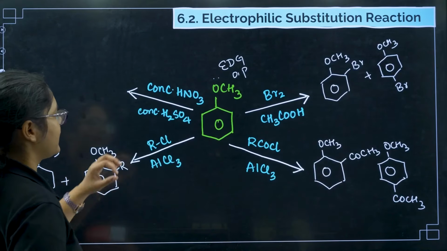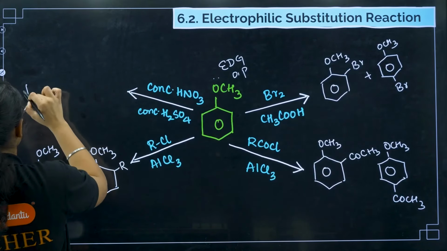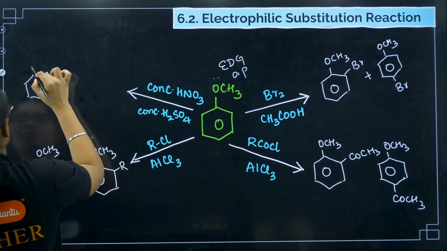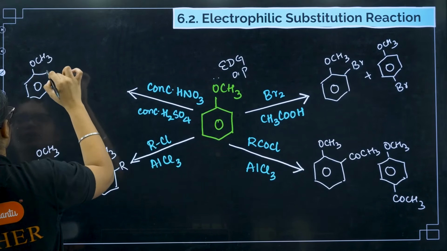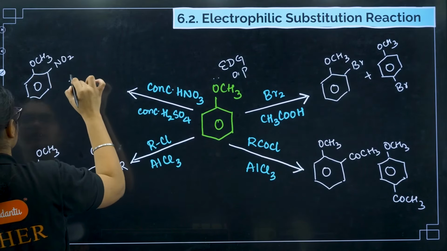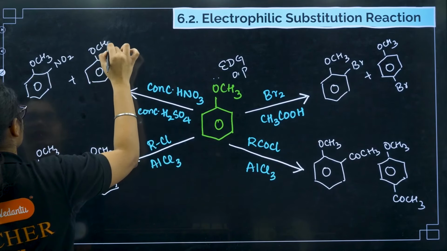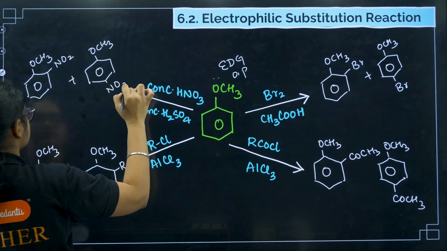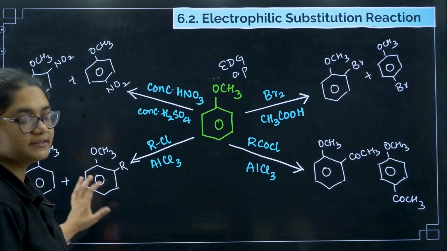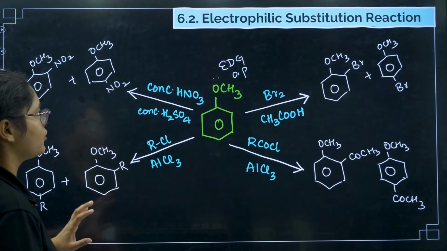Okay, Friedel-Crafts alkylation. This is nitration. You will get OCH3 with the nitro group at the ortho position, and here OCH3 with the nitro group at the para position. Okay, so these are the final reaction products.